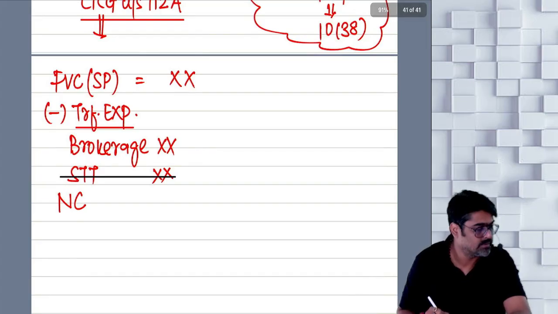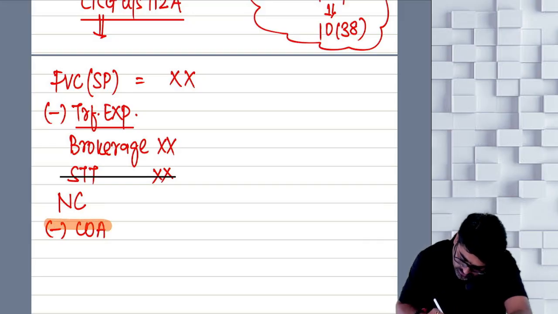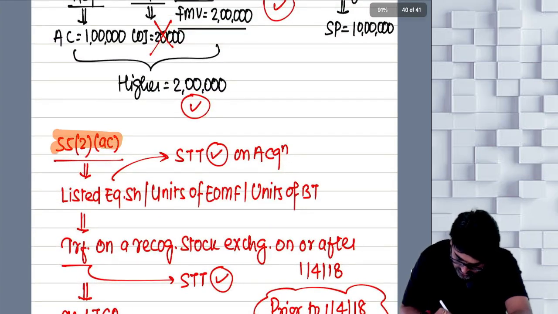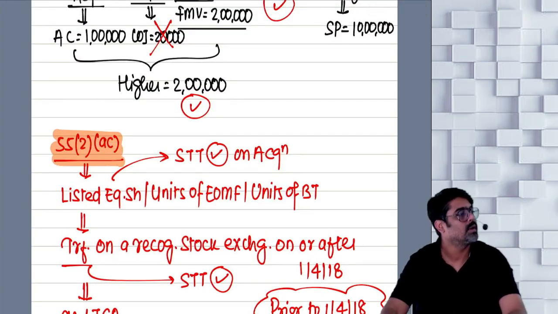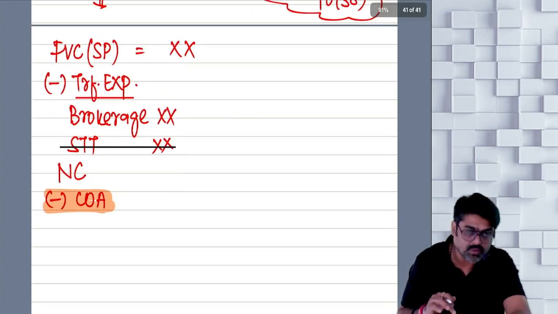Next one, you will get the net consideration. Now, out of this net consideration, you have to reduce the cost of acquisition. This is the part which is there in section 55(2)(ac).